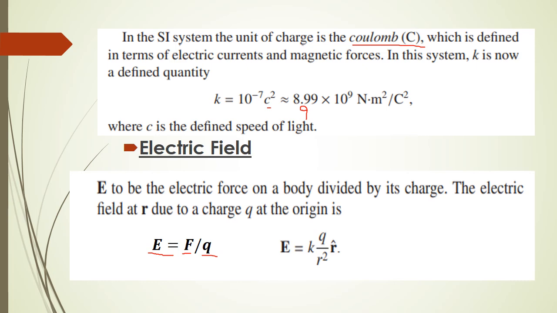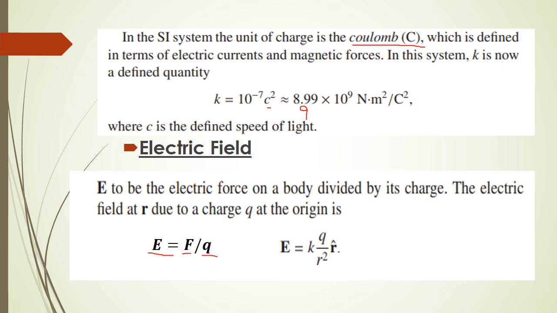Now I have to define another physical quantity similar to gravitational field, which is the electric field. E is the electric field, defined as the electric force on a body divided by its charge.